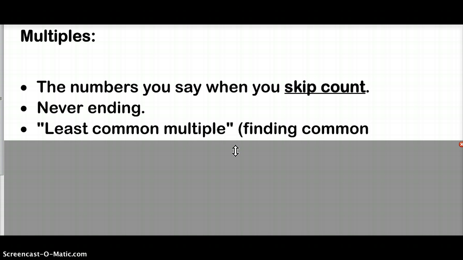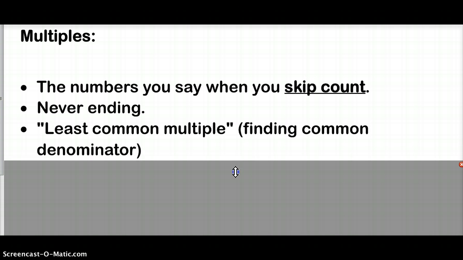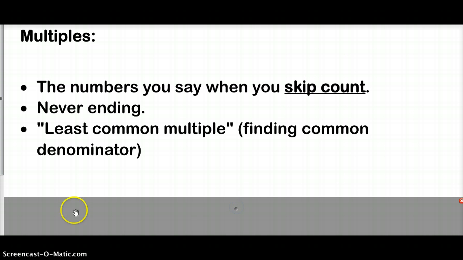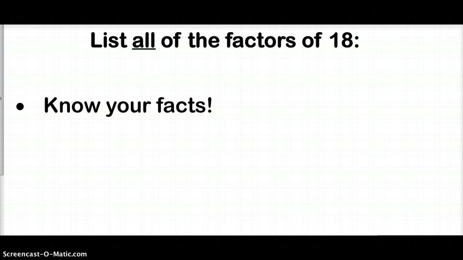Another time you might hear us say multiple is whenever we ask you to find the least common multiple, and you're going to do that when you are trying to find a common denominator in order to compare fractions or add or subtract them. So now that we've remembered the characteristics of factors and multiples, we're just going to practice.